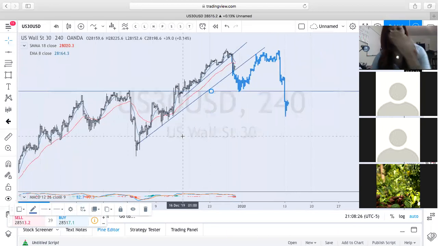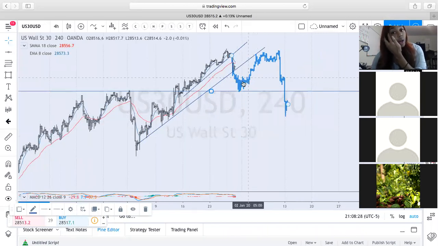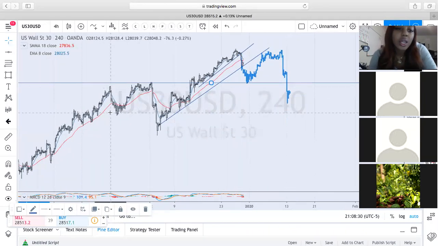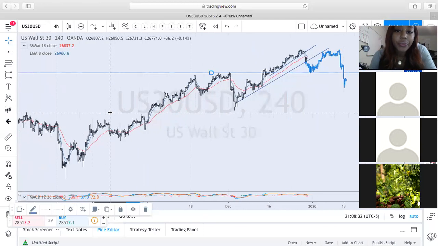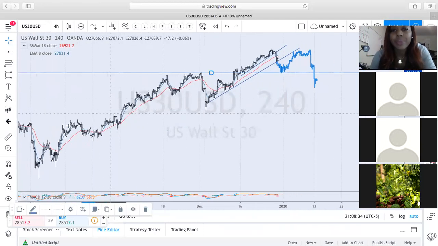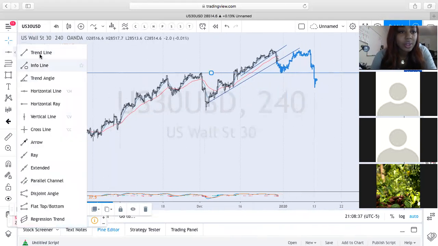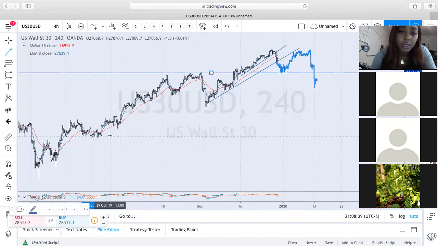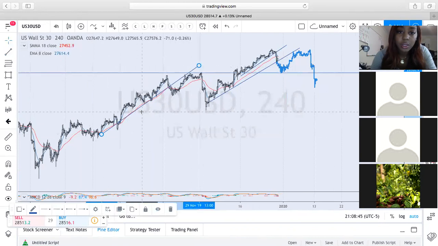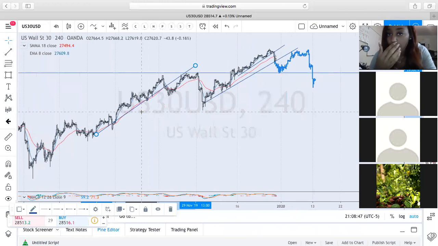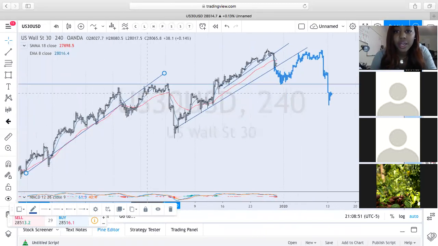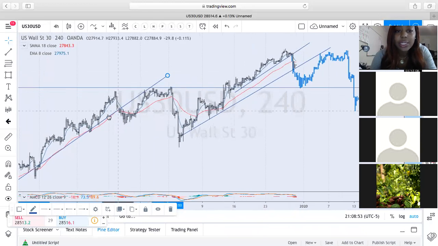Oh, that lines up so perfectly. Okay, so does everybody see how structure repeats itself? Literally even here, this is the exact same pattern, right?